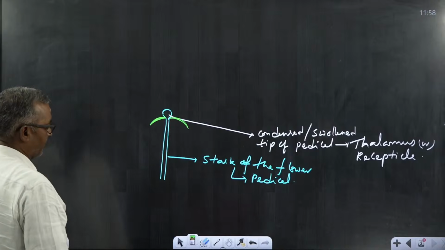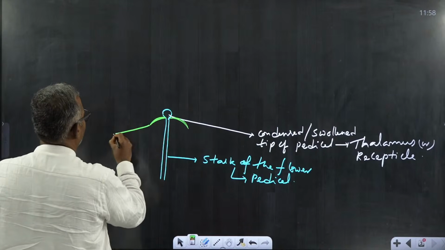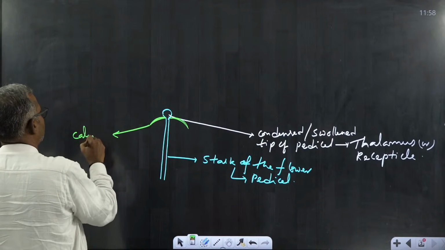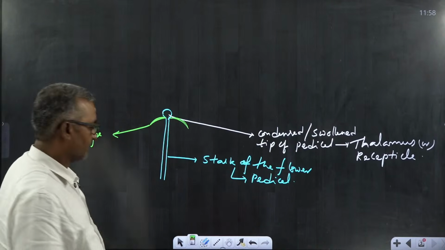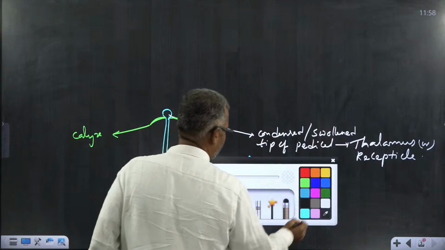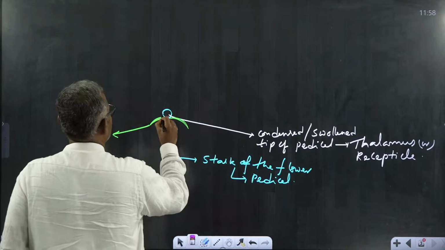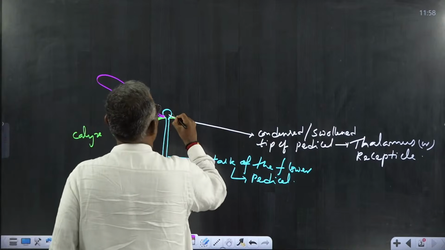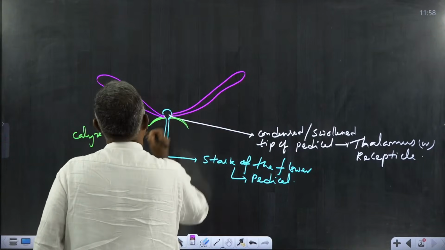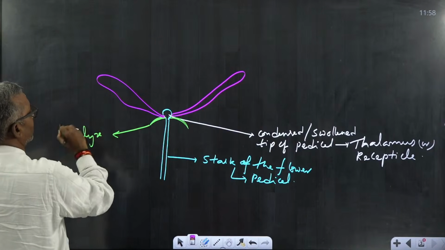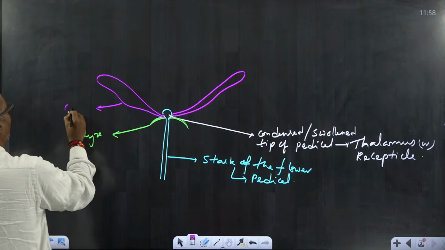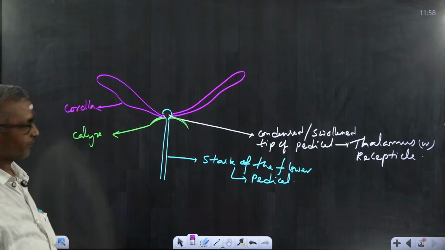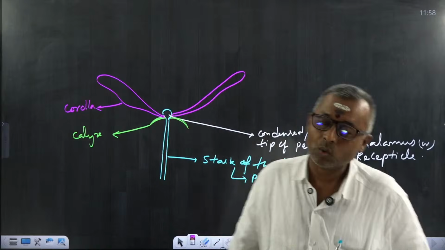The first node contains calyx. What is present at the first node? Calyx. Next, the second node contains corolla.